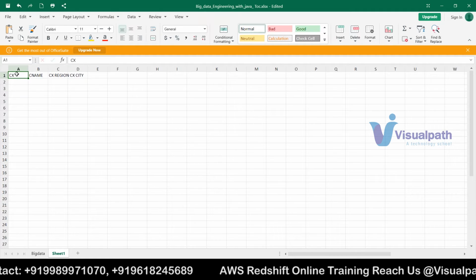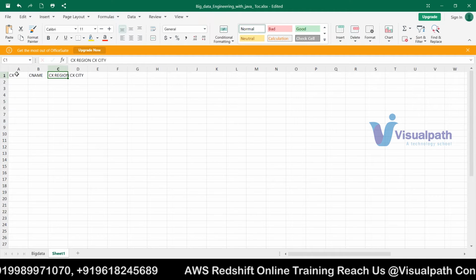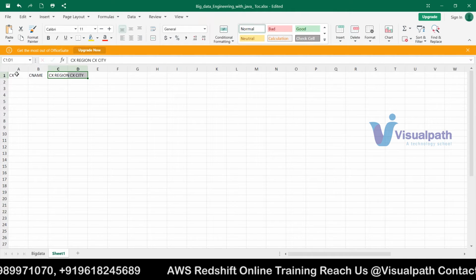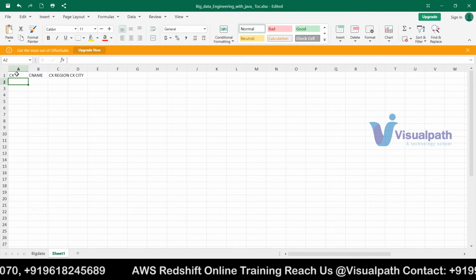But here you see there are two things. One is customer related details and the other one is his location related details, region and city. But we consider this as a single dimension table.